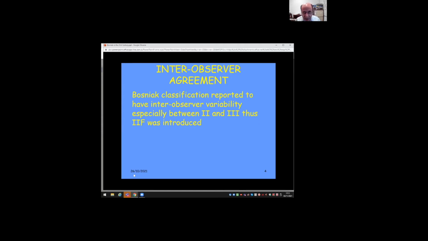What happens in that narrow part between the two of them, well, you can't decide, maybe because there are too many septa or not enough septa, etc. So the 2F was introduced, which really says, well, we're not really sure, we're going to follow this patient up ad nauseam.